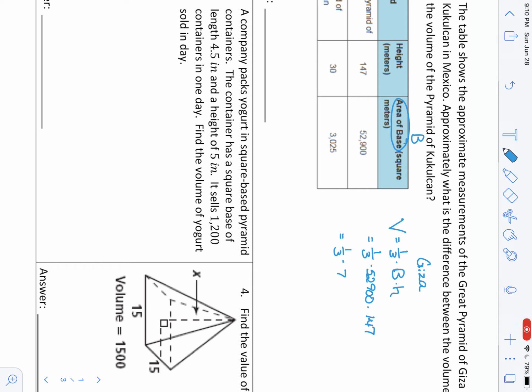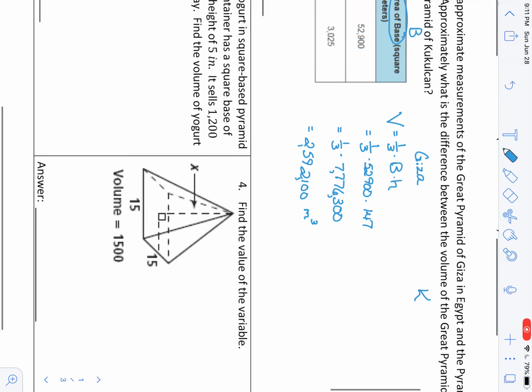I get a very large number, 7 million some odd. So 7,776,300. When I divide that by 3, that's nice. This one divides evenly by 3. 2,592,100.